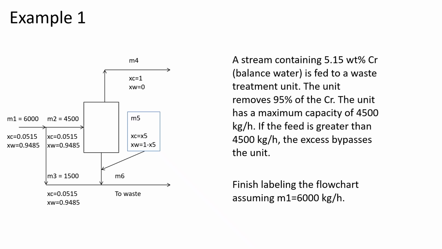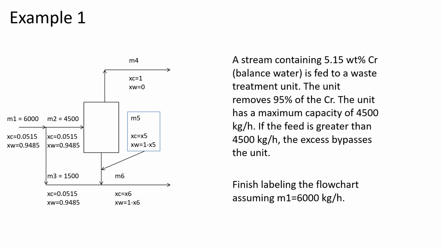We don't know the flow rate of the stream, so we'll use the variable M5 to denote the flow rate. And we're going to use the variable X5 to represent the mass fraction of chromium. Since the two mass fractions must sum to 1, the mass fraction of water is going to be equal to 1 minus X5. Next, we're going to move on to labeling the stream M6.